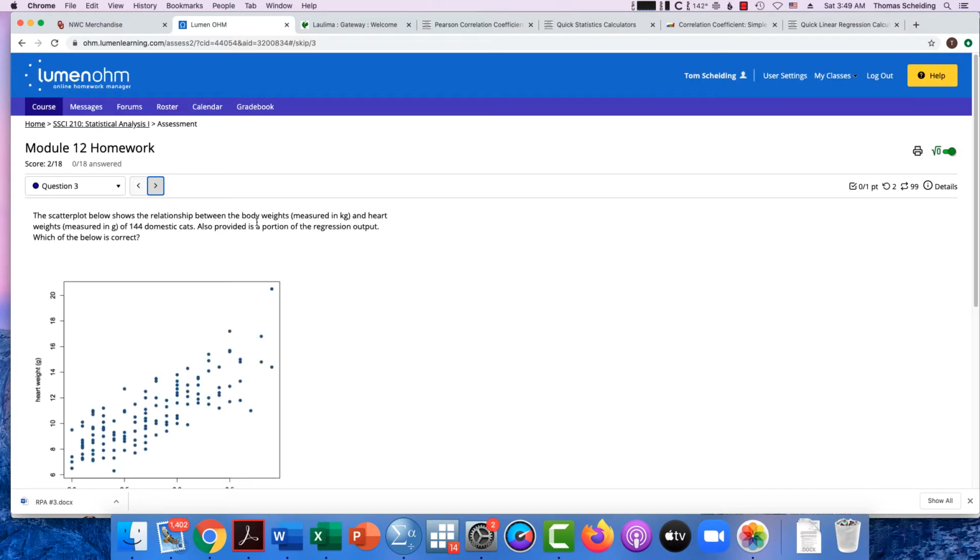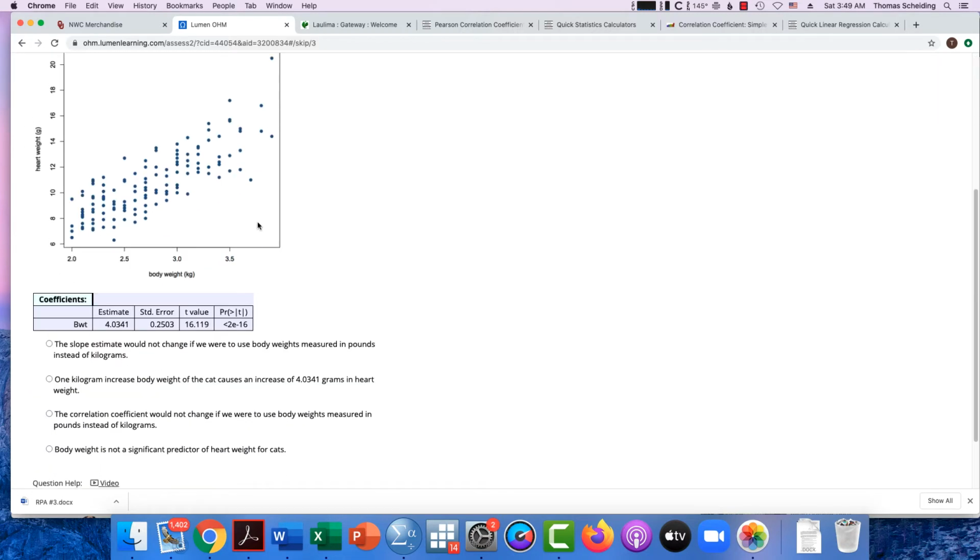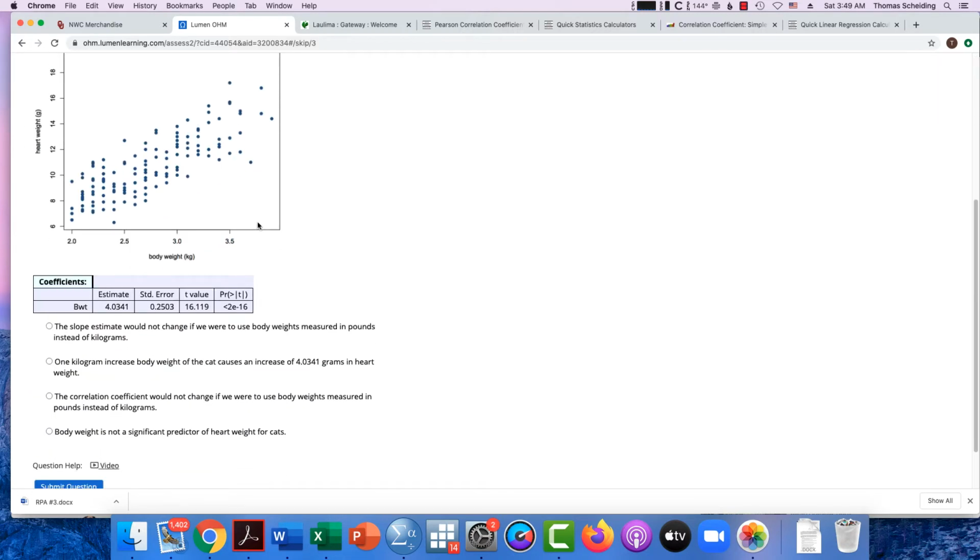Now we've got body weight and heart weight. And we're given a regression, and we want to know which one of these is true.